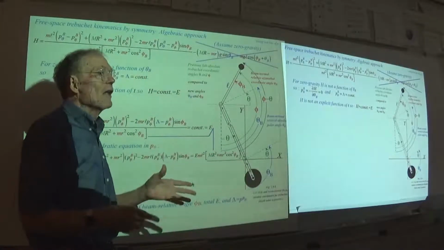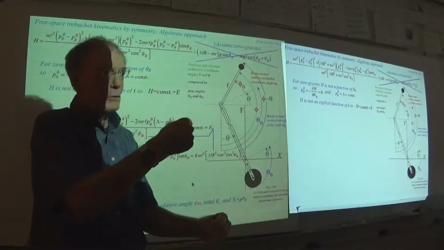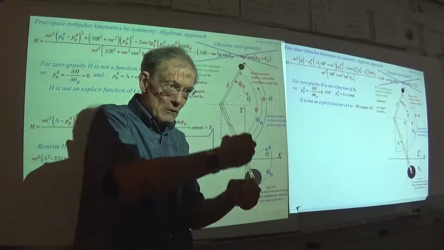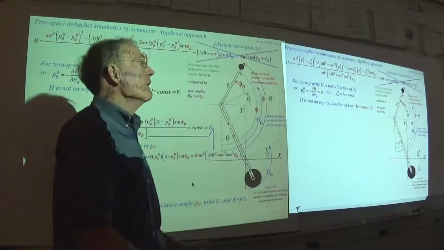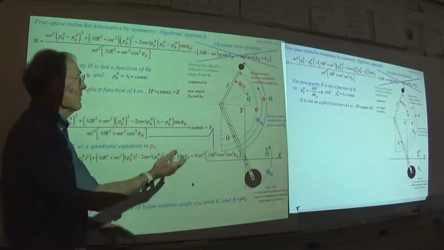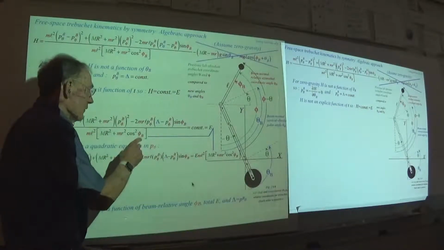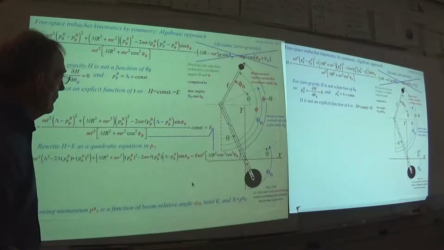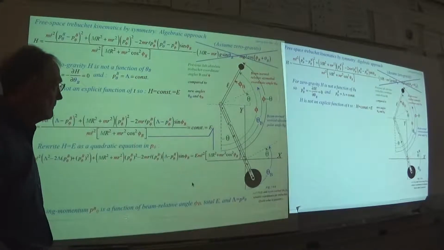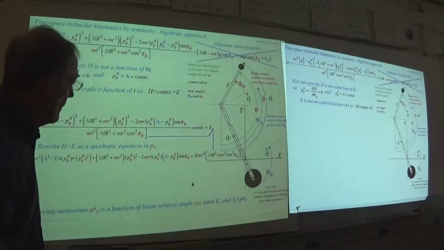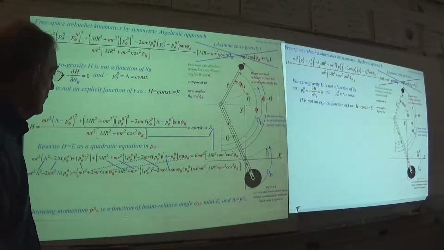We're going to make an analogy of that with the super ball. Big ball, little ball, hits the floor, comes back and pops, right? This thing is going to pop. We're going to see how much it pops. We're going to solve for that angular momentum, P phi, beam relative. Okay, so let's go ahead here.